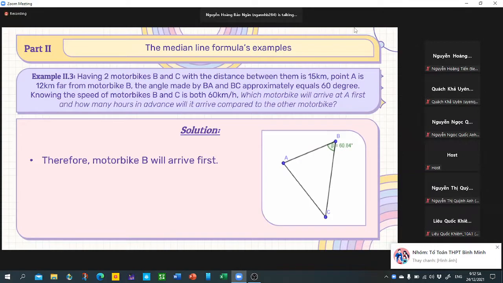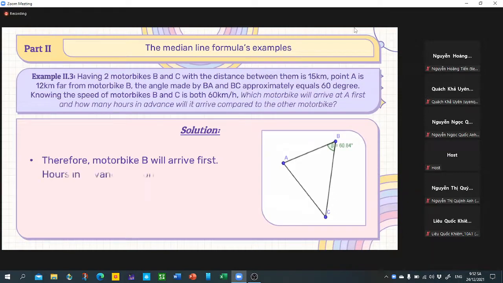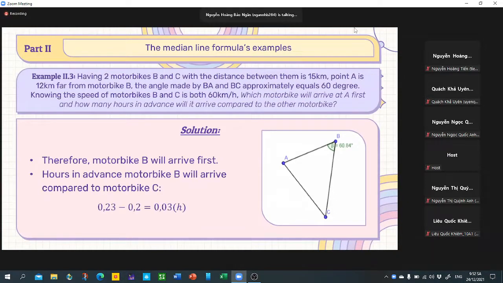Therefore, motorbike B will arrive first. Hours in advance motorbike B will arrive compared to motorbike C: 0.23 minus 0.2 equal 0.03 hour.